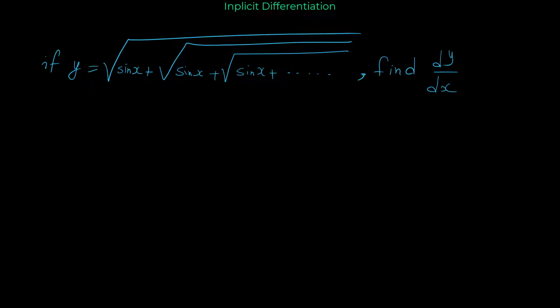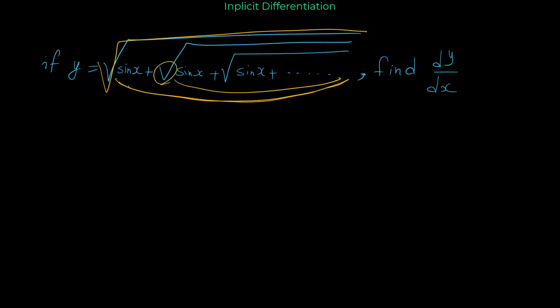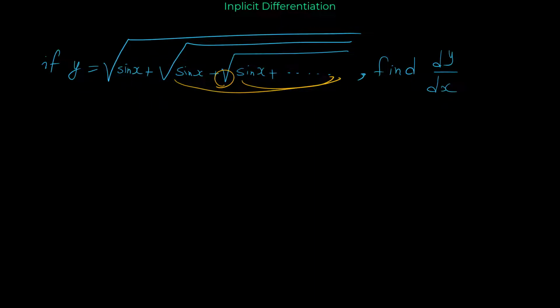Because if we want to use the chain rule, this expression is inside this radical, but again we have this inside this radical, and this goes forever. So we have to use the chain rule infinite times. We have to find a better way for finding the derivative of this function.